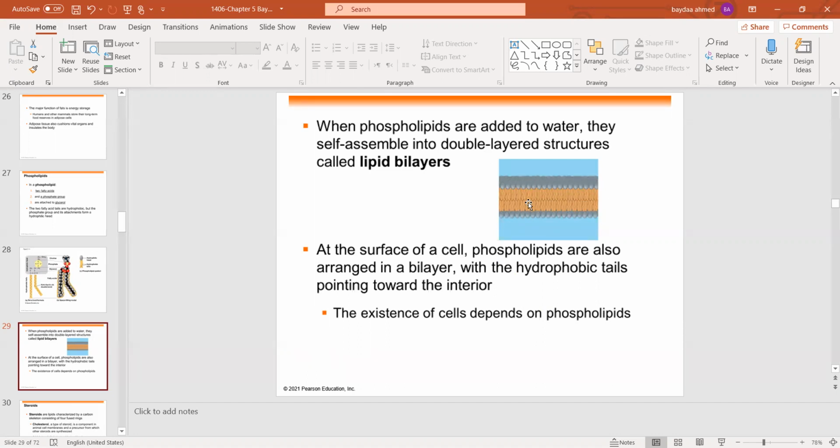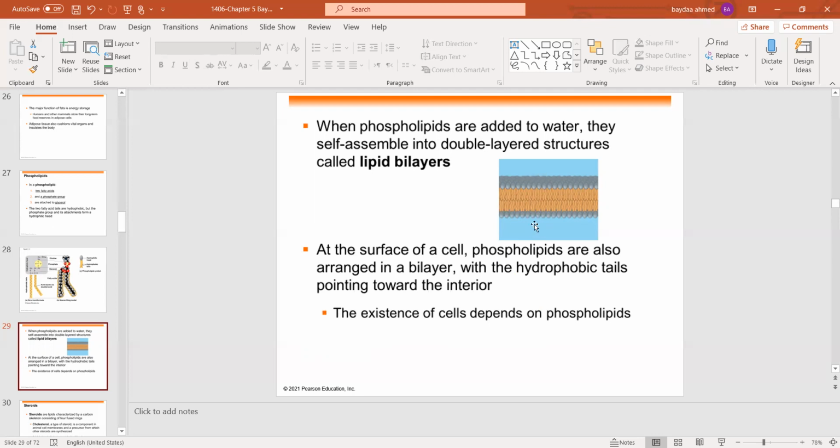At the surface of a cell, phospholipids are arranged in a similar bilayer. The hydrophilic heads of the molecule are on the outside, as you see here, of the bilayer in contact with the aqueous solution inside and outside of the cell.